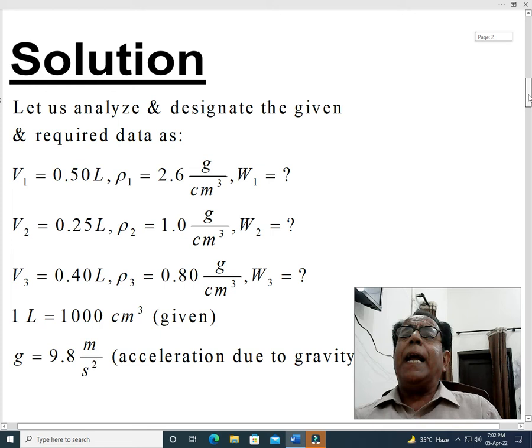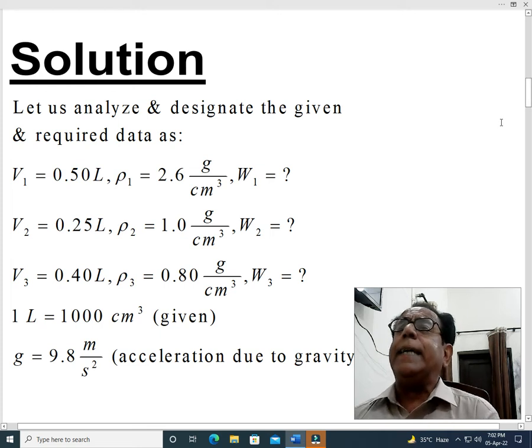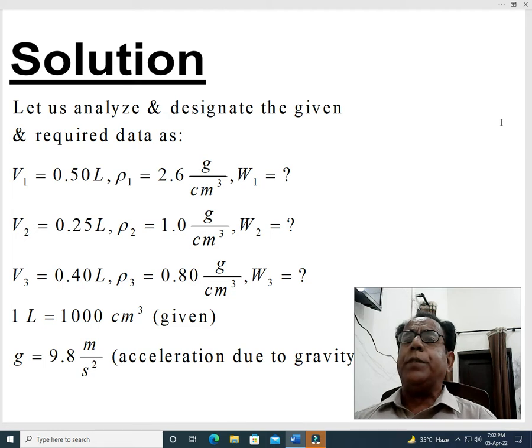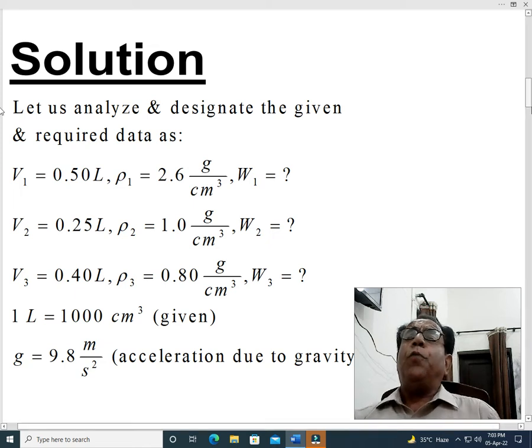Solution. Let us analyze and designate the given and required data as V1 equal to this, rho 1 equal to this, and W1 equal to question mark, that is, it is to be determined, we have to find this out. Volume and density are given and we have to determine weight.